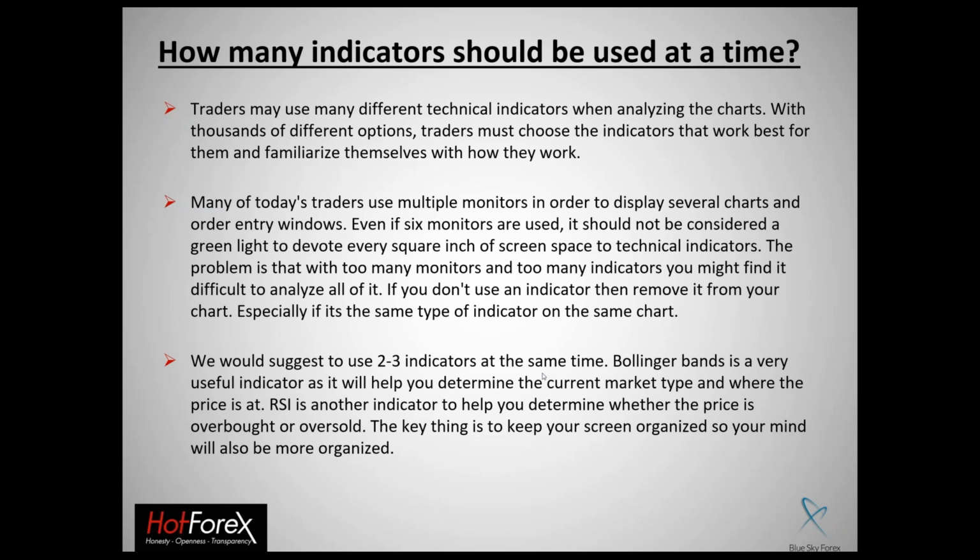An RSI is another popular indicator that you can use, and that RSI shows you the status of the price, whether it is overbought or oversold. So with an overbought status, price might reverse shortly and start trending in the other direction. An oversold price does the same, right? So definitely, please keep in mind to keep your workspace organized. Don't clutter it. Keep it simple and clean.